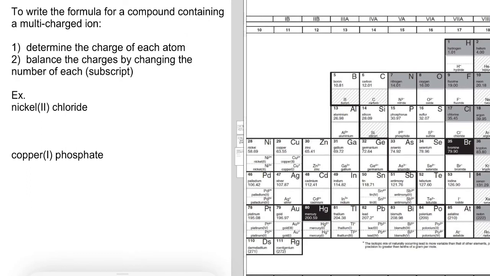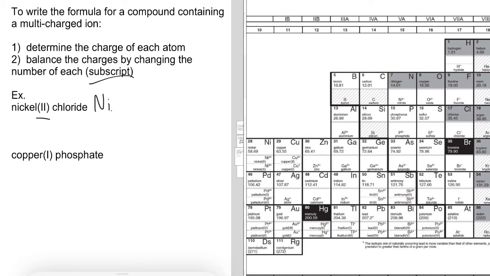The other side of things is taking the chemical name and writing out the formula, which is actually quite nice because the brackets for these actually tell you what the charge is. So sometimes you don't even have to look at the periodic table. As usual for ionic compounds, you want to determine the charge of each and then balance the charges by changing the number of each element or ion and then adding the correct subscript depending on how many you have. In this case, it tells us nickel(II) chloride.